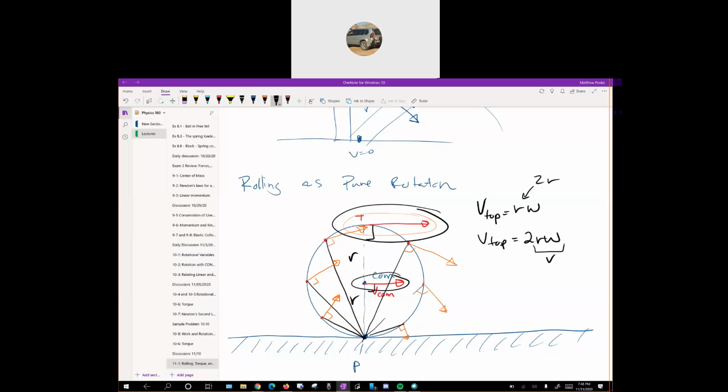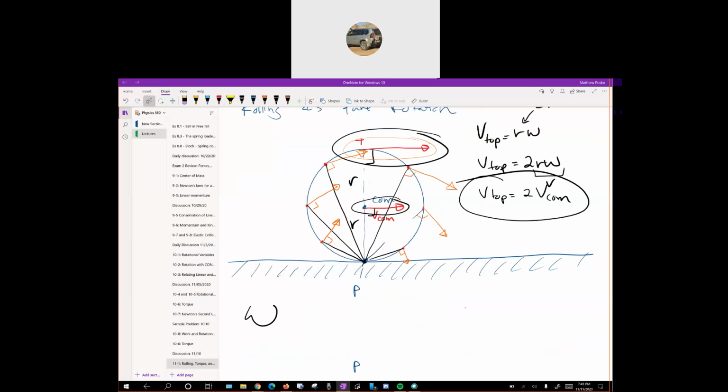And it tells us that the velocity of the top is going to be equal to 2 times the velocity of the center of mass. And what's interesting is it doesn't matter where you measure it from, omega is going to be the same. Omega is not a value that changes. If we measured omega about here for the same object and then measured omega from right here, it's going to be the same. So that's why we can use this omega right here for either situation.